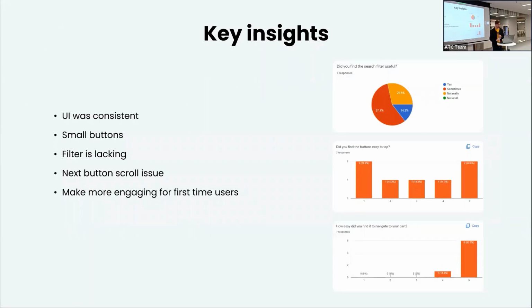So the key insights from that research were that the UI was consistent, the buttons were a bit too small, the filter was a bit lacking, mostly in functionality, and that users had to scroll down to see the next button. They also asked that I make it more engaging for first-time users.